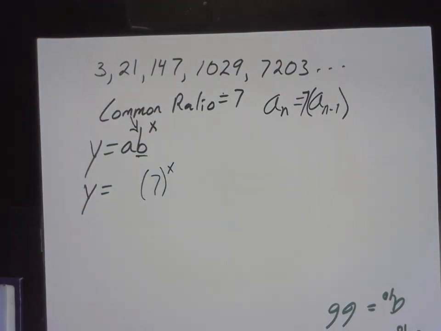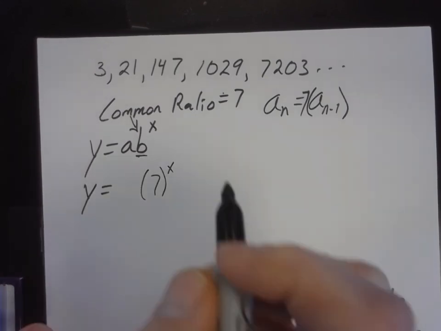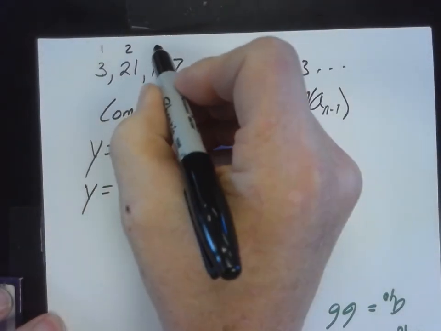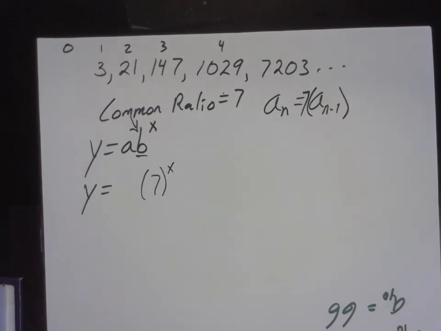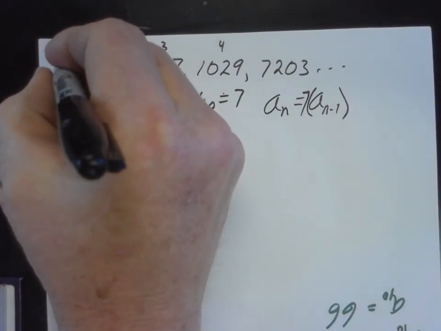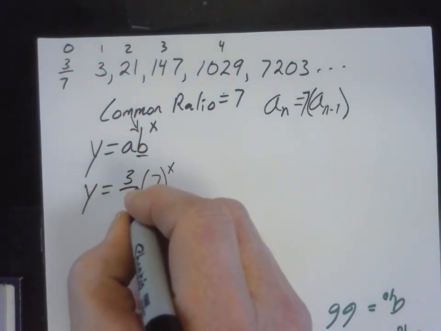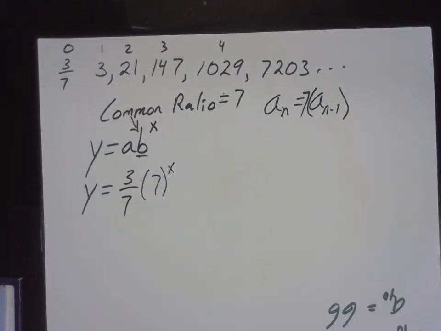A is the initial amount, the starting point, the 0 term, which is kind of weird here. First term, second term, third term, fourth term. What is the 0 term? 3/7. Okay, so we have our 0 term.